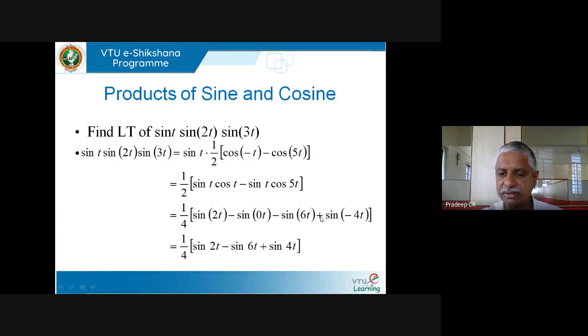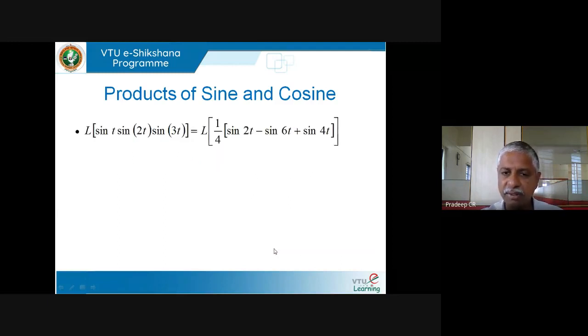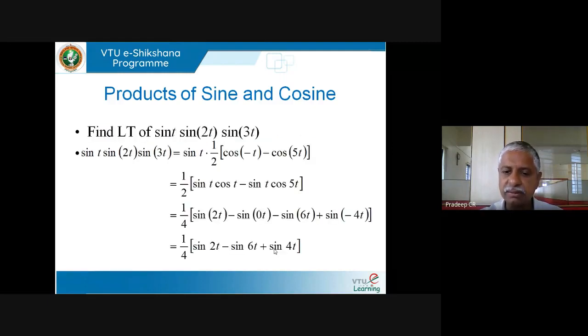Finally, this should have been minus. I don't know why there is a small error here. This you can check. You understand what I'm trying to say. Sin of minus theta is minus sin theta, that's correct. So sin of minus 4t is minus sin 4t, so this should have been a minus here. Just check whether I have made a mistake there.